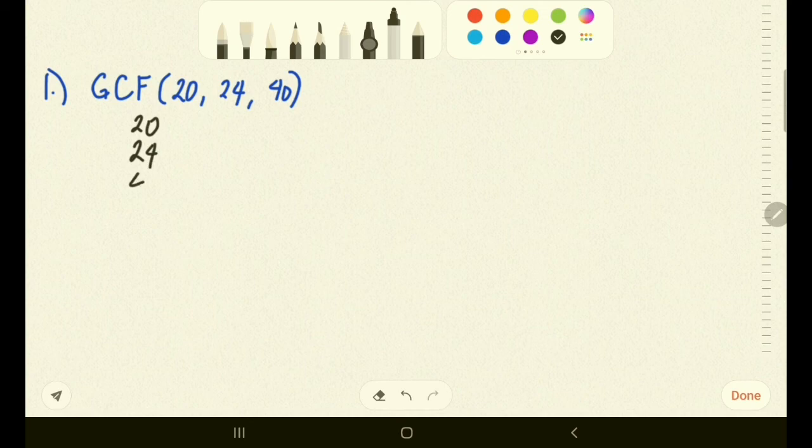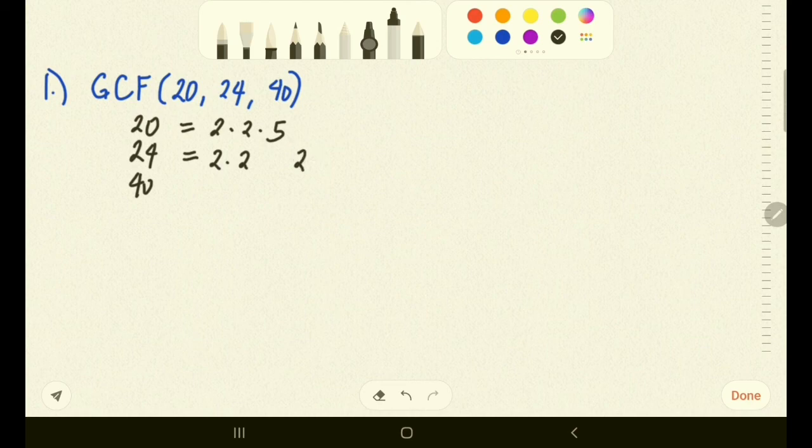20, 24, 40. Okay, for 20, that is 4 times 5. Or that would be 4, that is 2 times 2 times 5. For 24, that would be 4 times 6. That would be 2 times 2. 6 is 2 times 3. Since that is not the same with 5, do not align it with 5.